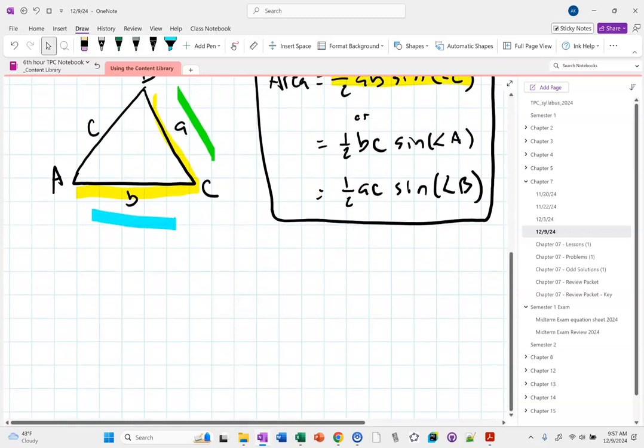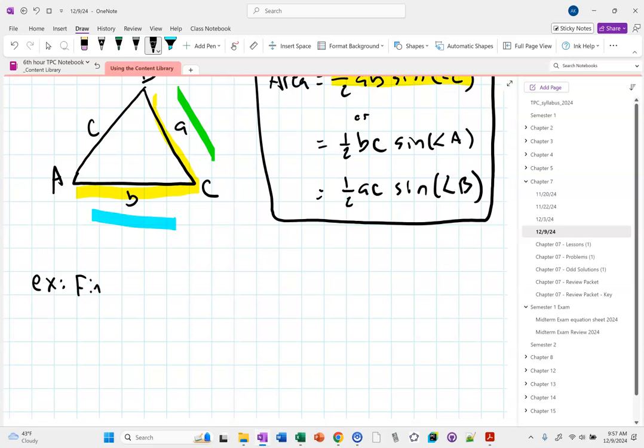So let's just crank out a little example here.